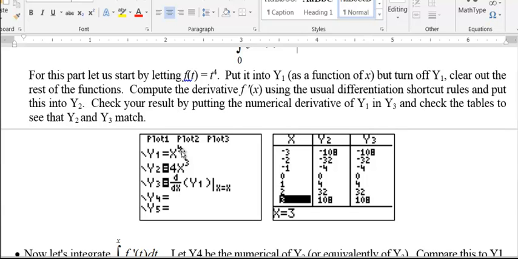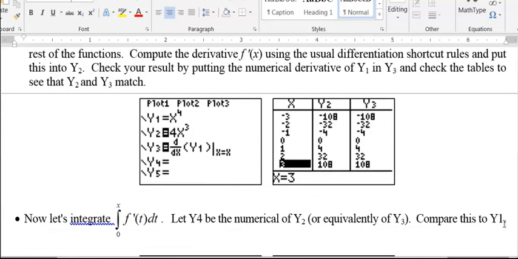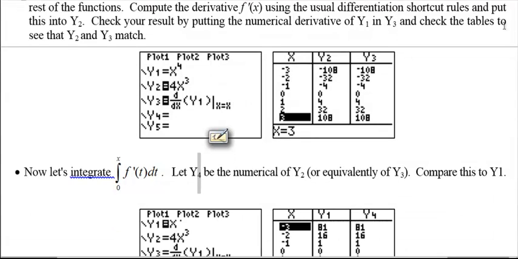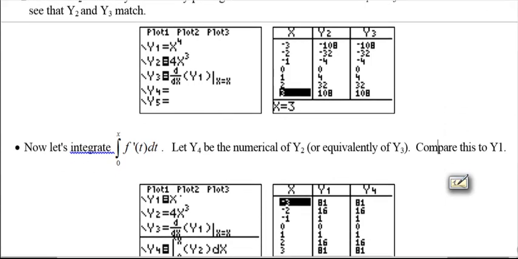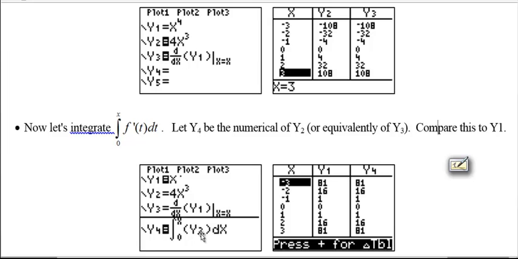Now what we want to do is integrate that derivative. We can either integrate y2 or y3, and it should be basically equivalent. Of course, y2 is the exact formula for the derivative, and y3 is the numerical derivative. Either way, suppose we do y2, the integral, and look at the table of y1 and y4.